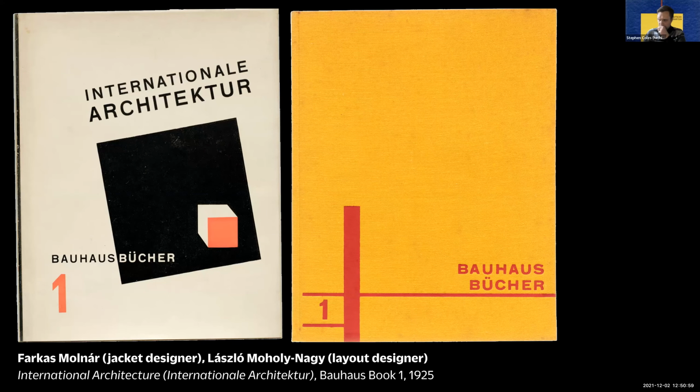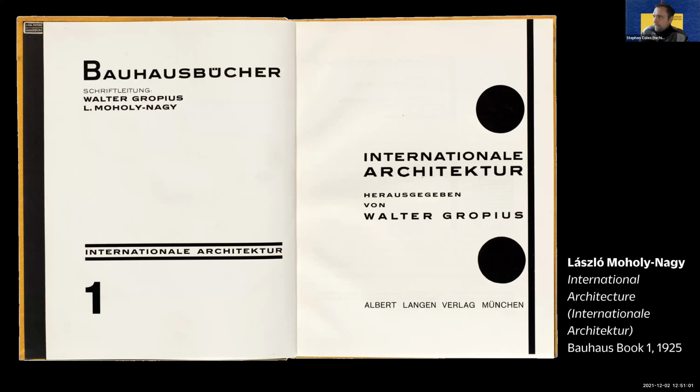for the embossed cover of the book. The title page here is using another new wide typeface that I'll show you in a moment. We start to see those elements that become very typical of Bauhaus typography, the large circles, the heavy lines or rules, and again, the asymmetrical layouts.